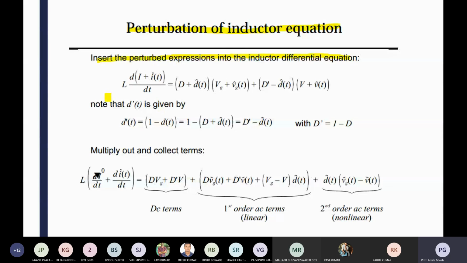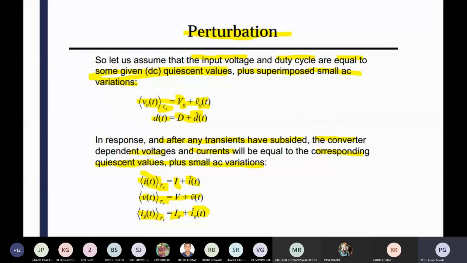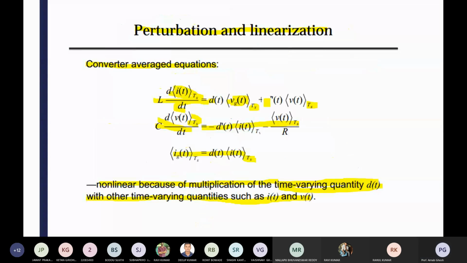So we have the equation L di/dt plus d Vg, and we are replacing those values. Now L is a constant value, no need to change it.